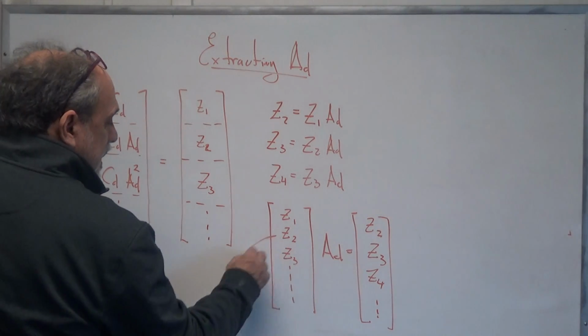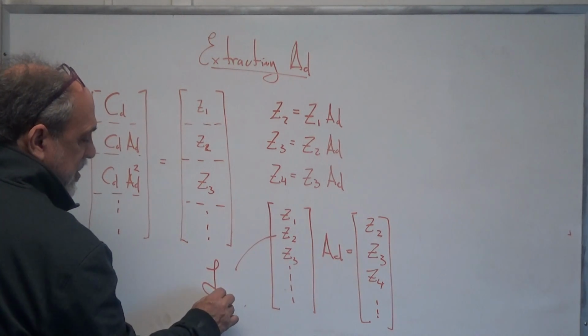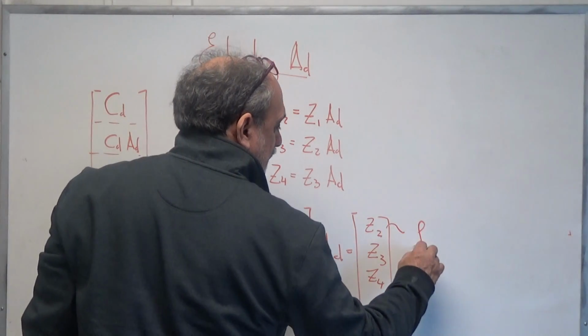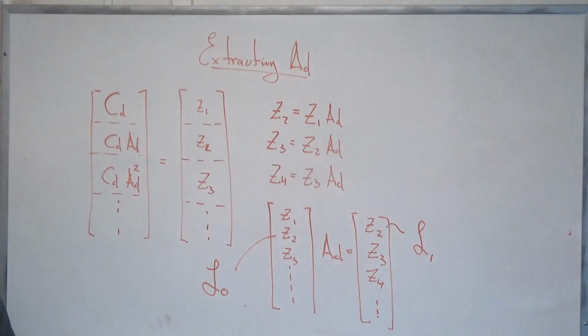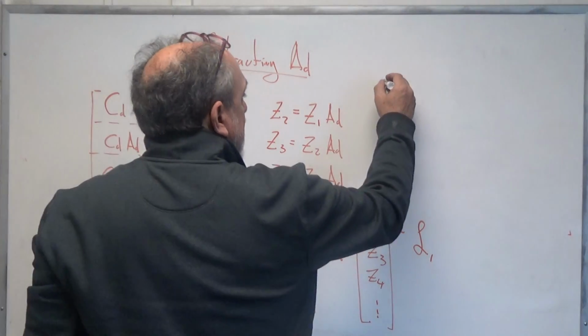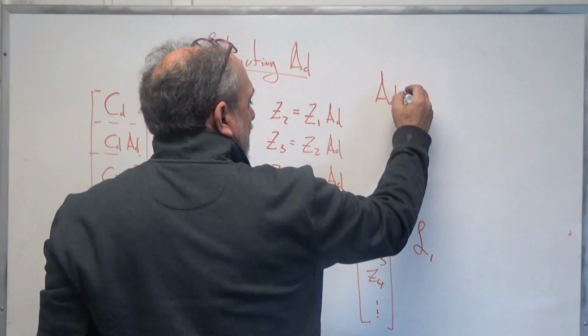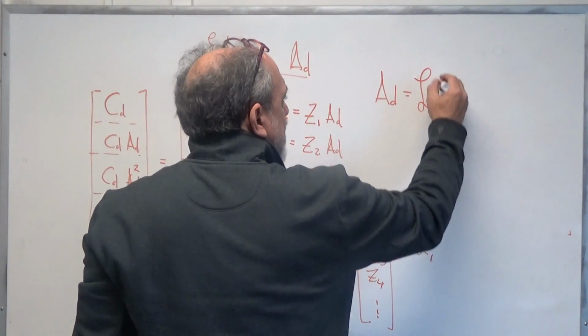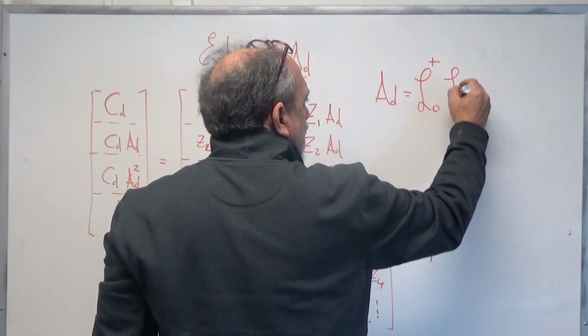If we call this matrix L0 and we call this matrix L1, then we can see that AD is equal to the pseudo inverse of L0 times L1.